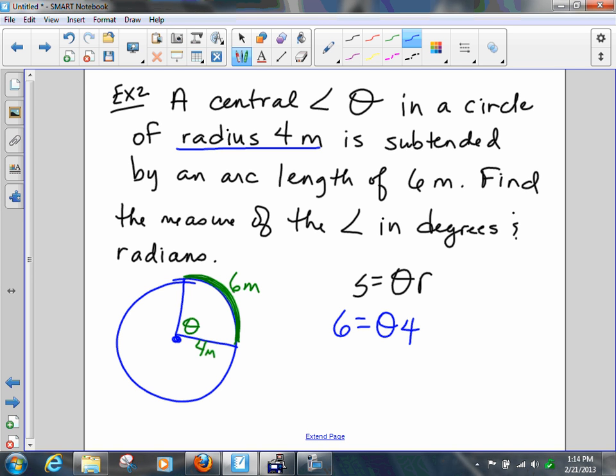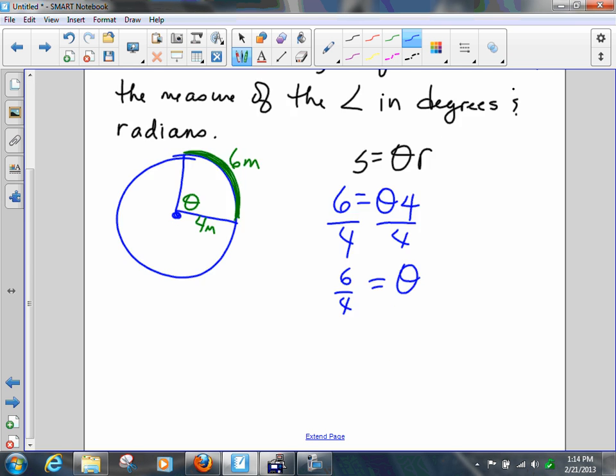I'm going to divide by 4. Now, this looks weird, because you're going to get theta equals 6 over 4. I agree, it looks weird. 6 over 4, that's just 3 over 2 or 1.5 radians. Folks, what is that talking about?